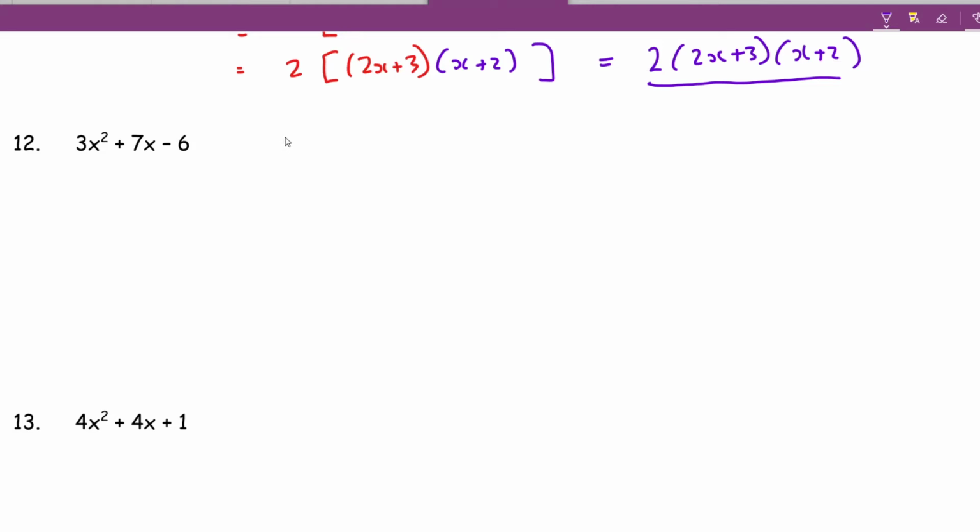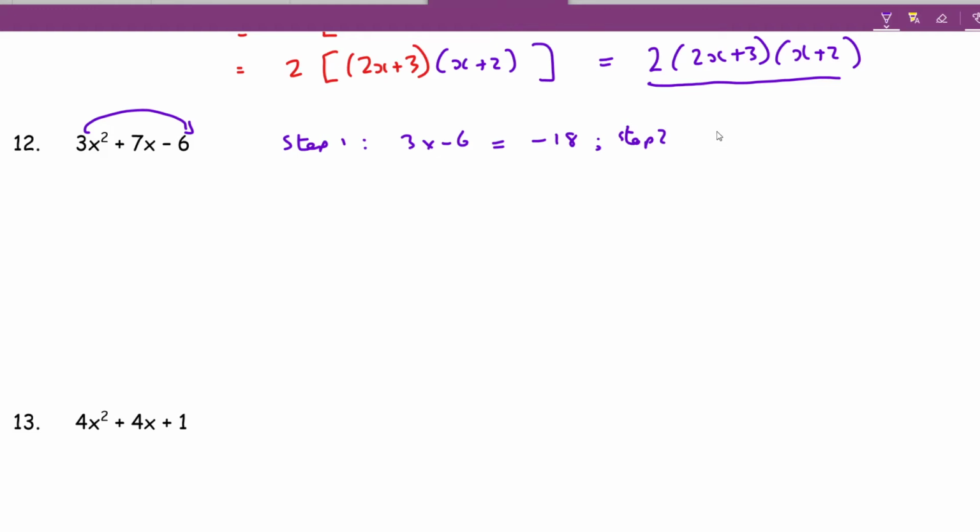Now, step 1, I'm going to do 3 times the minus 6. That's going to give me minus 18. Step 2, I'm going to have to break this minus 18 into 2 numbers, which are a product of minus 18 and sum to positive 8.